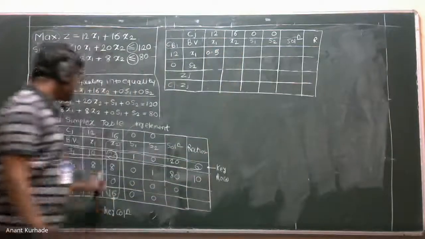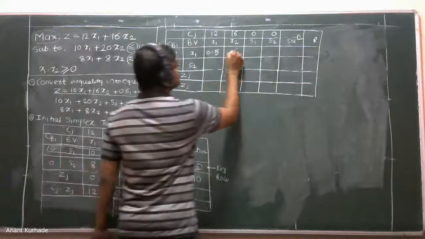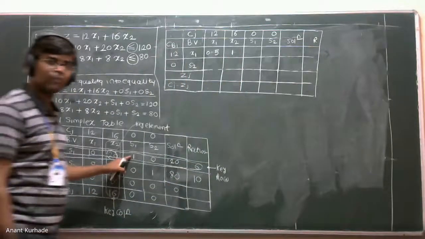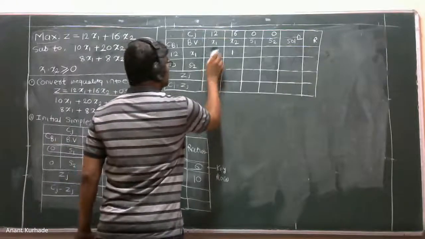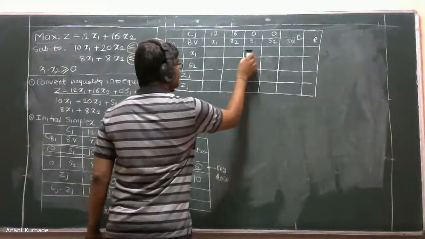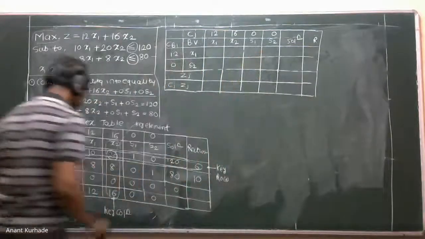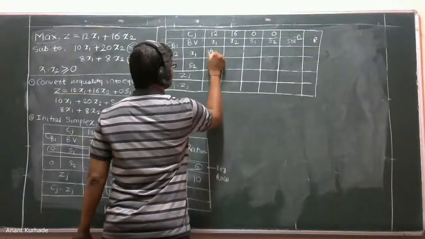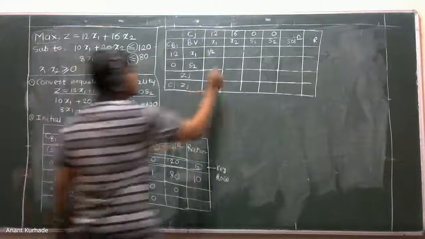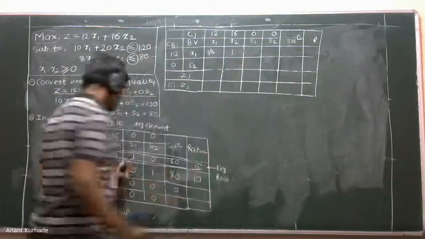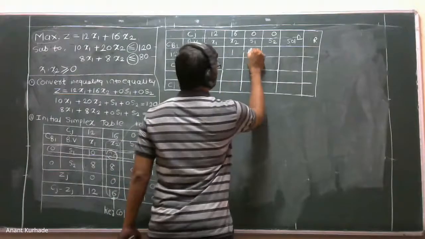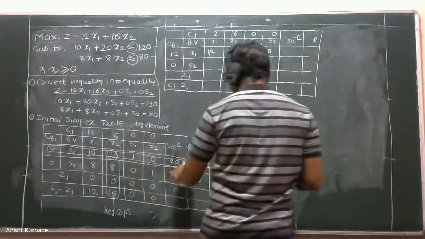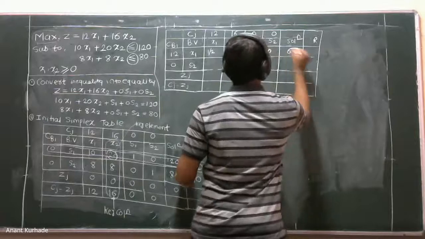Next, 20 upon 20 it is 1. Next, 1 upon 20. Instead of writing these values in decimals, you can think in terms of numerator and denominator. You can write 1 upon 20. Next one it is 1. Next one 1 upon 20, write down as it is. Next one 0. Next one 120 upon 20, it is 6.